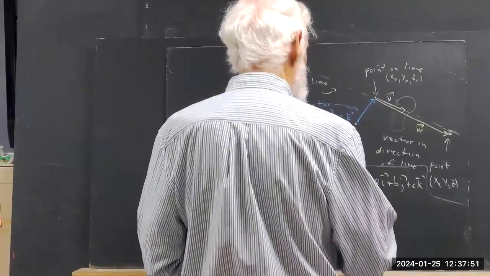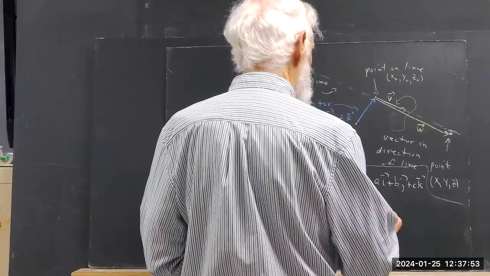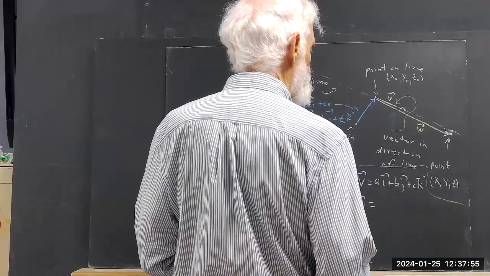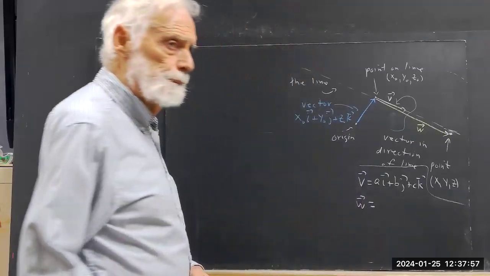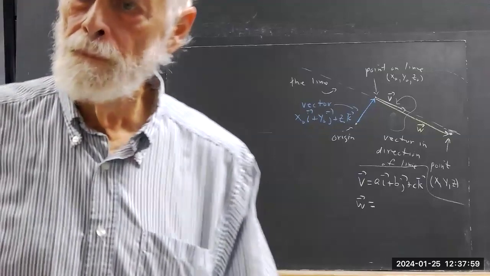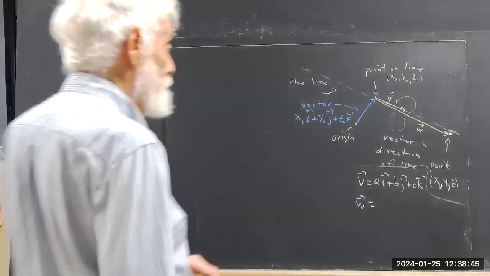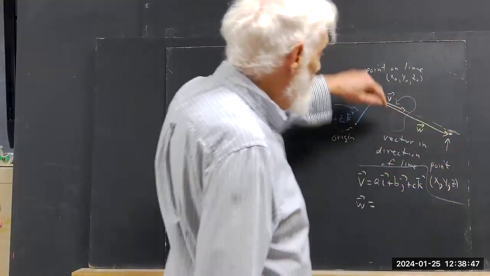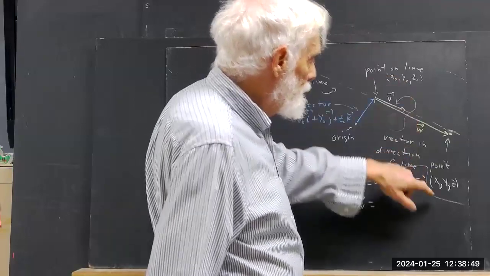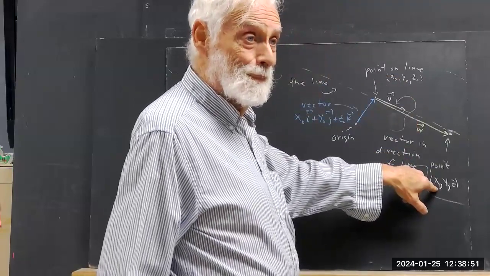W equals what? What's the X component of W? Or the I component? Well, to get from here to here, X has to change from X naught to X, right?